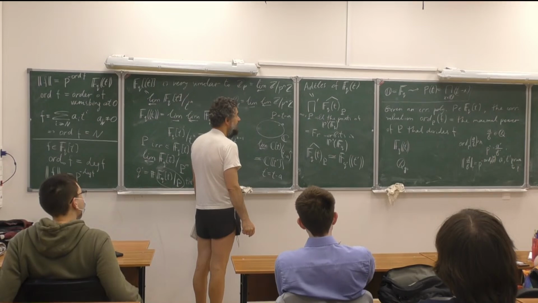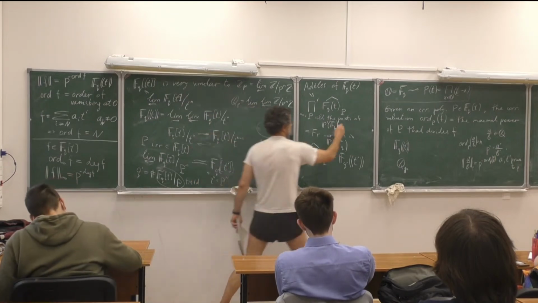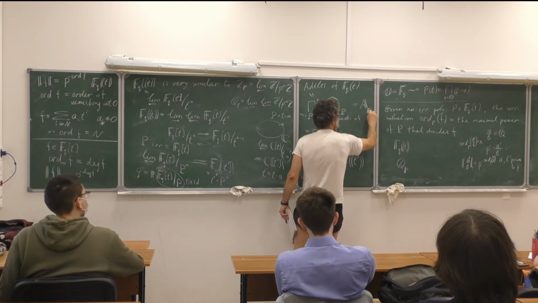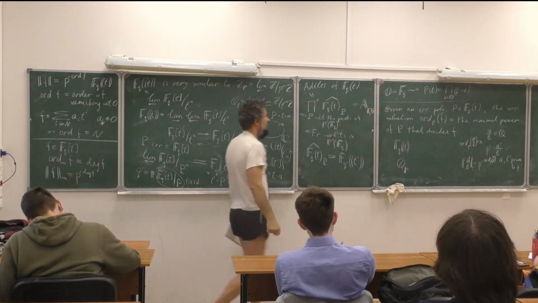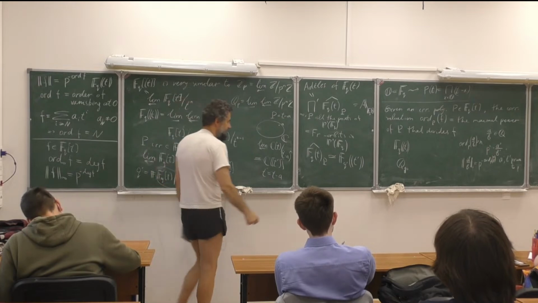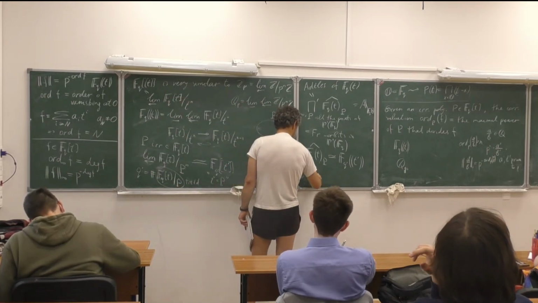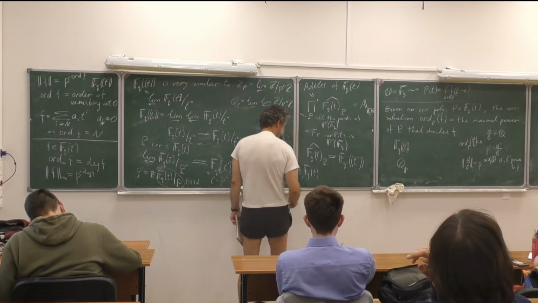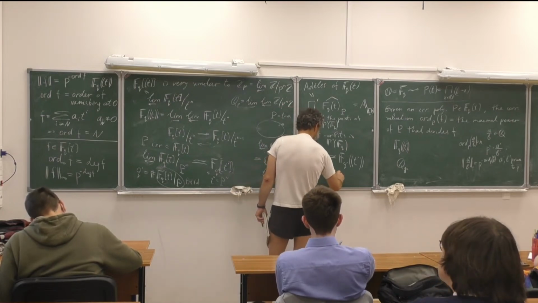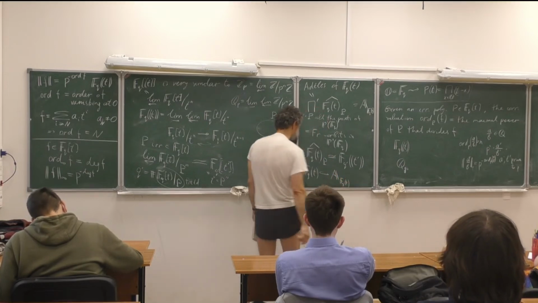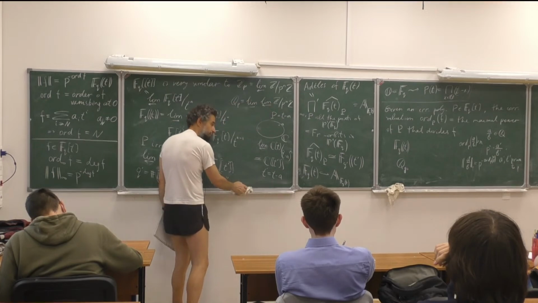So this is called the adele ring of our field, and then there is this embedding of the global field into its ring of adeles. And what does it do?